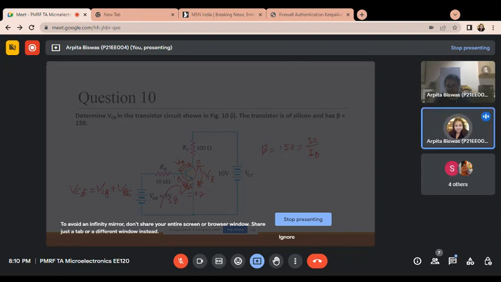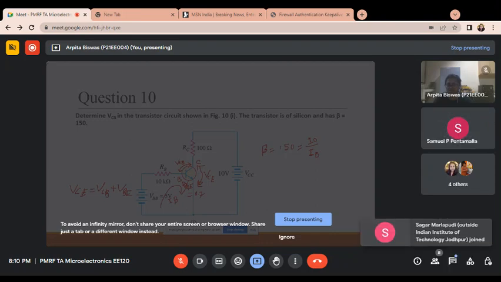First you have to find out the IB value, because only beta is given. So if beta is given, it means IC by IB value is given.